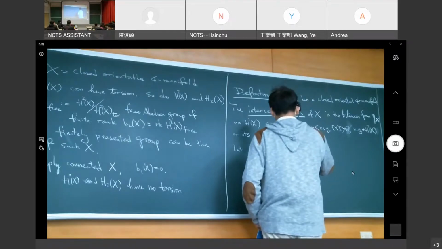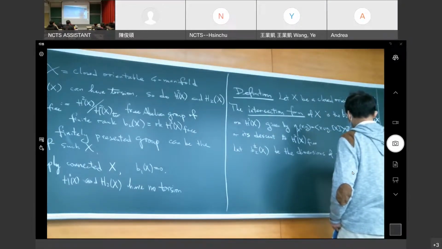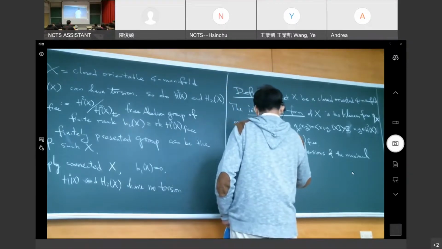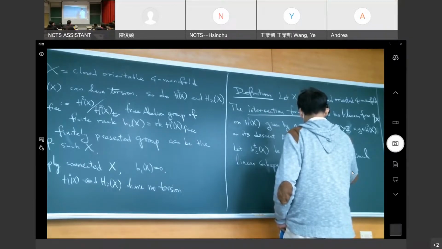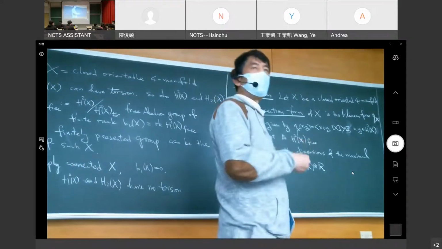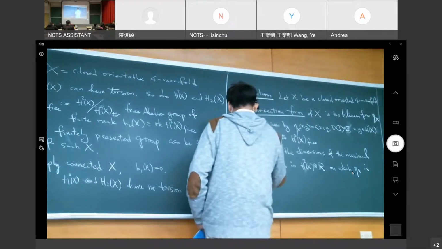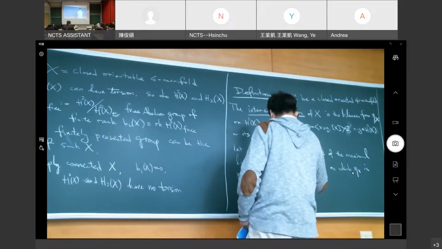These are the dimensions of the maximal linear subspaces in the vector space H2 of X tensor with real numbers, so these are real vector spaces, and the quadratic form eta extends real linearly to this vector space, and there's a maximal dimension of subspaces on which eta is either positive or negative definite.